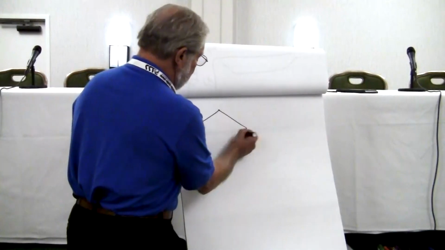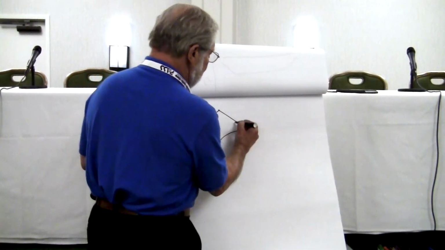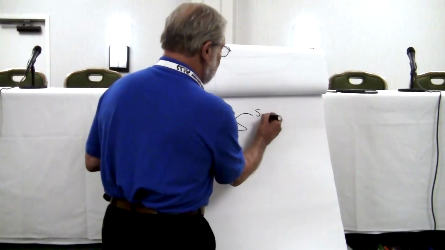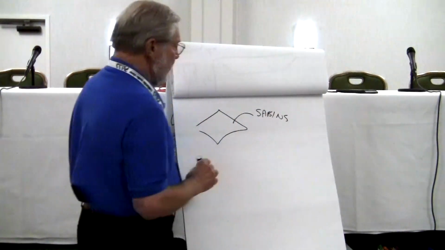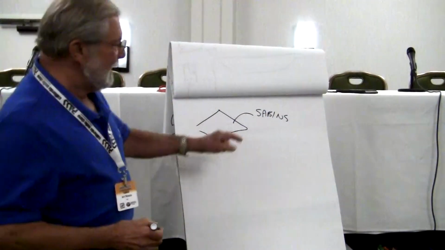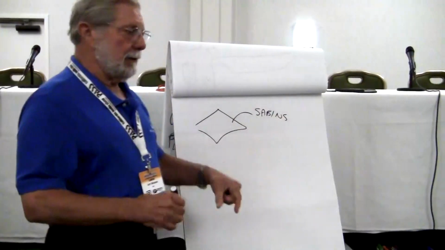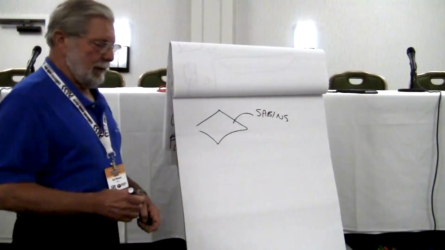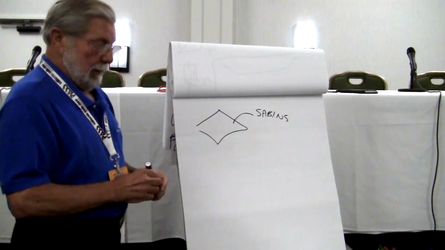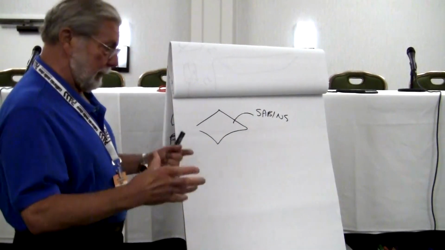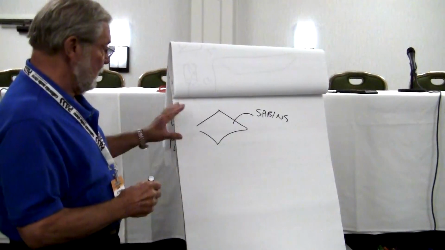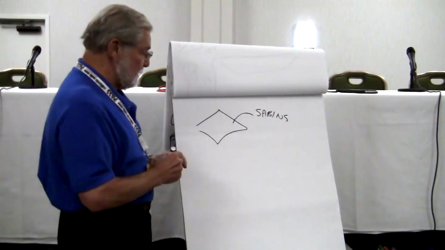So basically, the language of absorption is Sabins, S-A-B-I-N-S. And Sabine, I-N-E, is the name of the guy from the late 1800s. There were a lot of geniuses floating around developing science in the late 1800s, and he was one of them in acoustics.